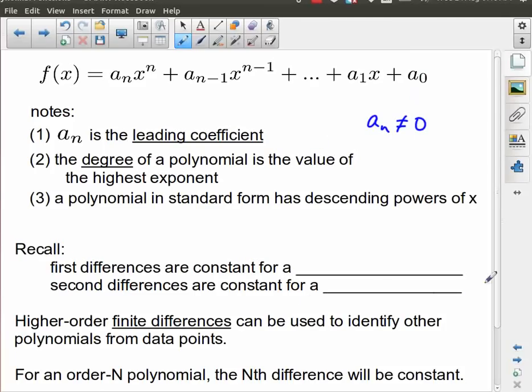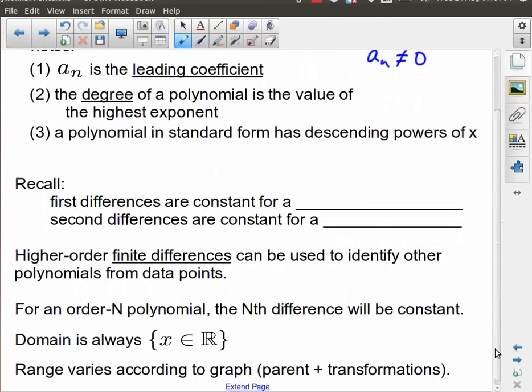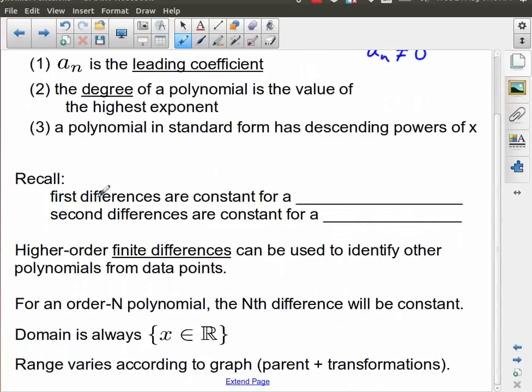Now, this is something that you should have encountered in grade 10, which is if you have a table of values and you take first differences. If your first differences are constant, well, that occurs if you have a linear relation.